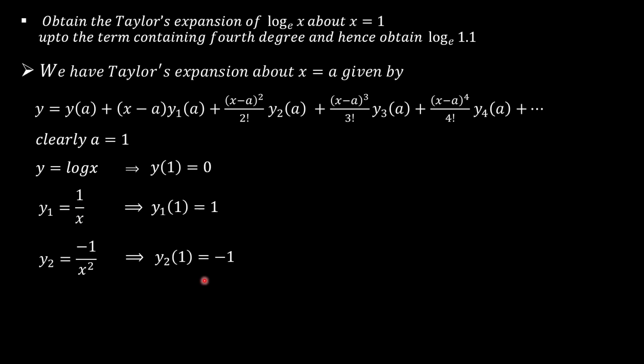Therefore y2 of 1 is equal to minus 1. y3 is derivative of minus 1 by x square, which is 2 by x cube, which implies y3 of 1 is equal to 2.